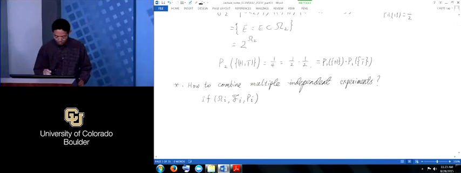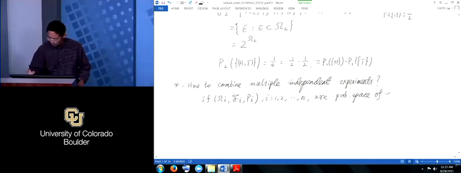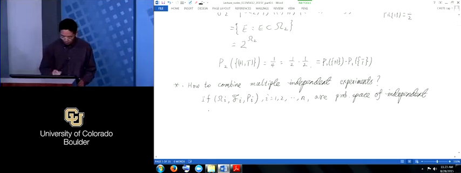So if these are probability spaces of independent experiments.